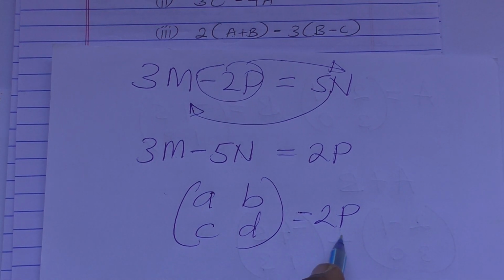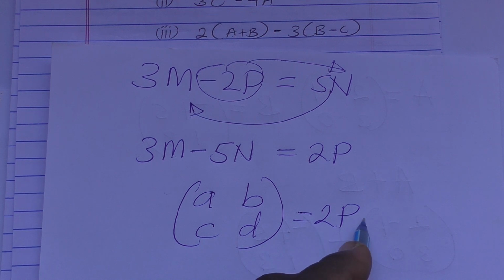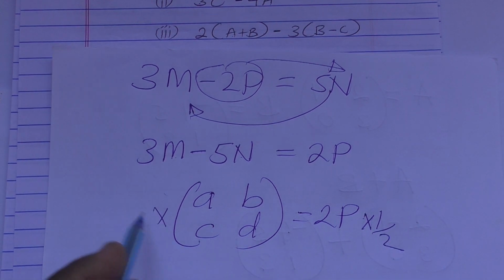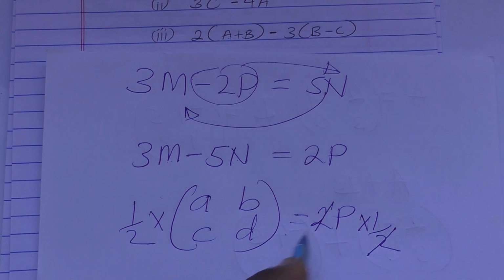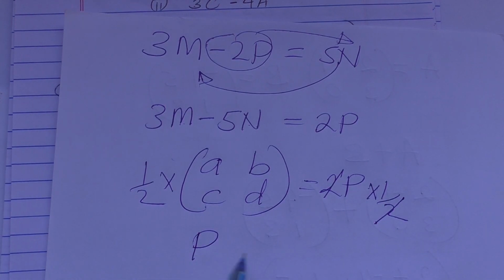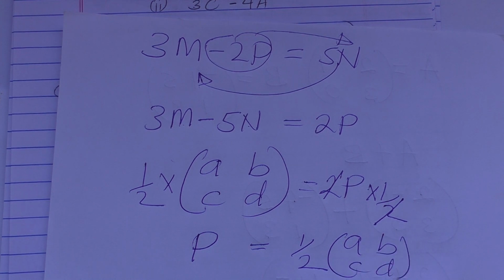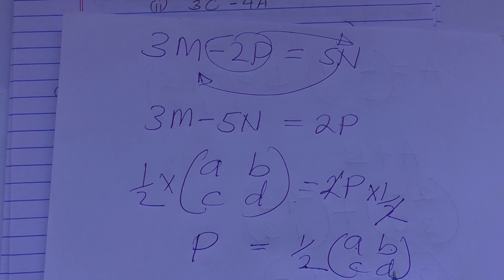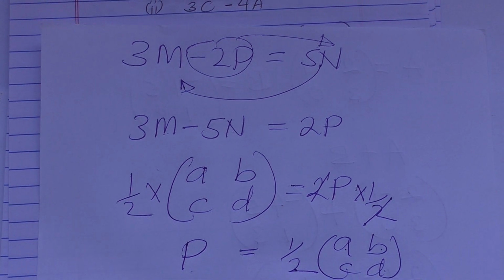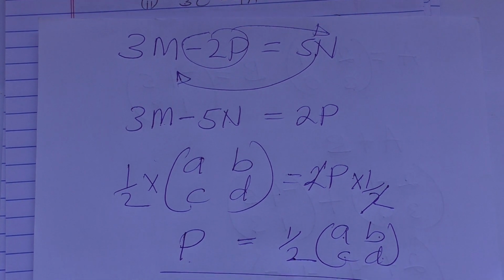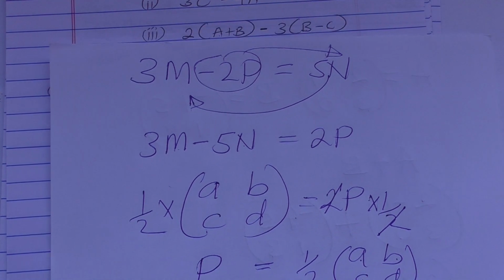Then we shall multiply by a half on both sides, so that we get P equaling a half of ABCD. And now this a half is a scalar which will multiply each element to remain with P. So that's what we are going to do in this case. So please, you try that out.